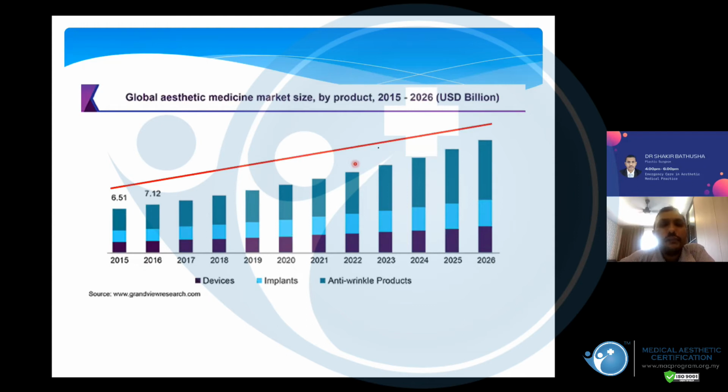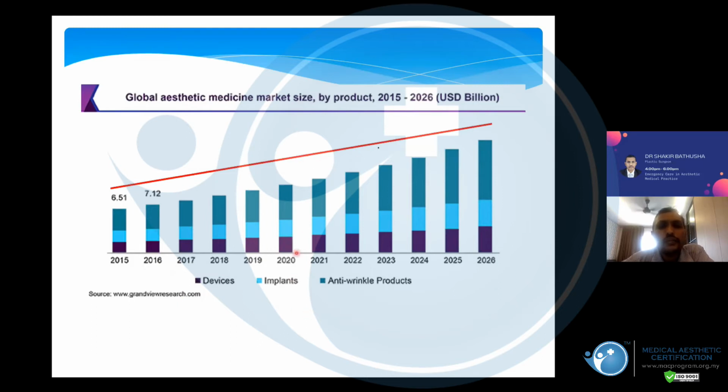Everybody is trying to tap into this globally growing market in order to achieve the biggest yield, income or revenue. Many industry players focus on different things: industry players for devices, for implants, for anti-wrinkle products.